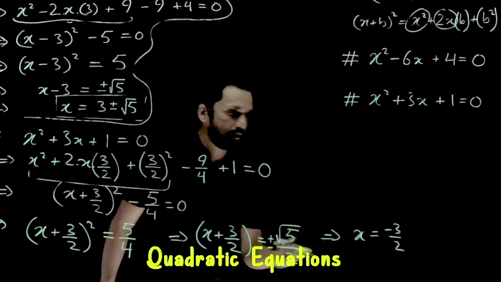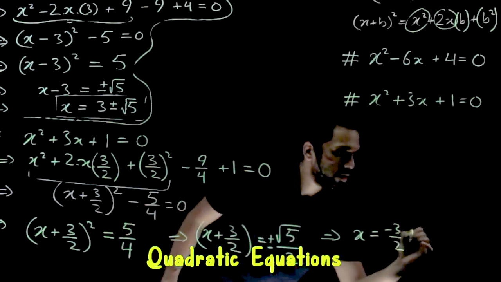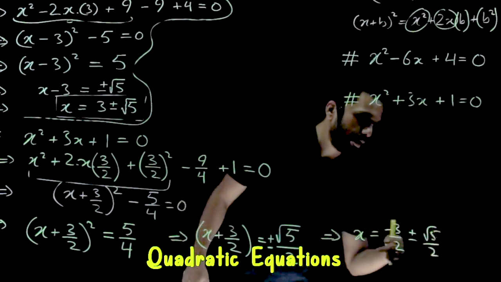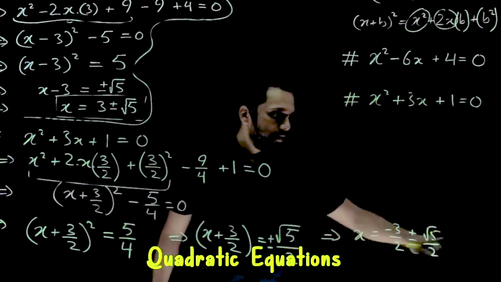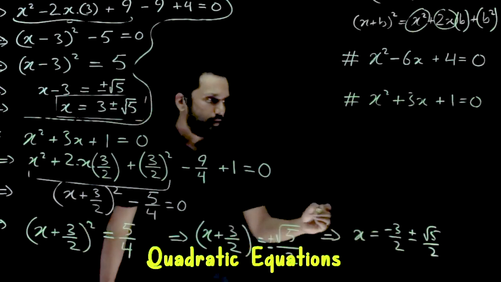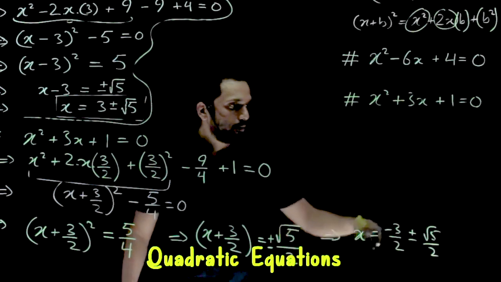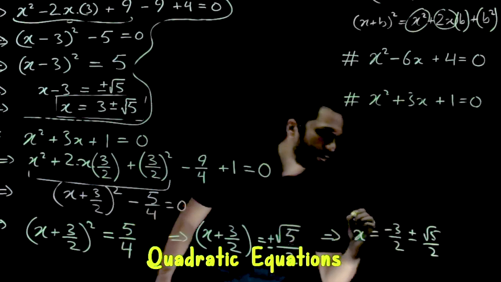This 3 by 2 goes on the other side, becomes minus 3 by 2 plus minus root 5 by 2. You can write the 2 under a big divided by as a single 2 over here. So that's your answer. There are two answers, minus 3 by 2 plus root 5 by 2 and minus 3 by 2 minus root 5 by 2.